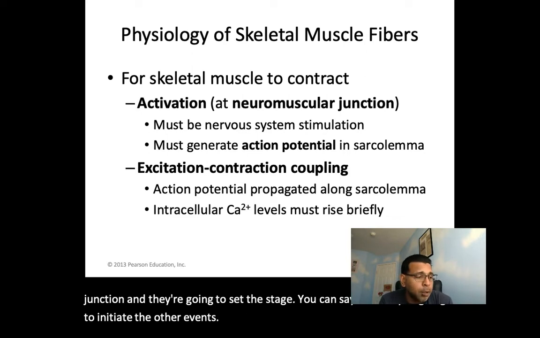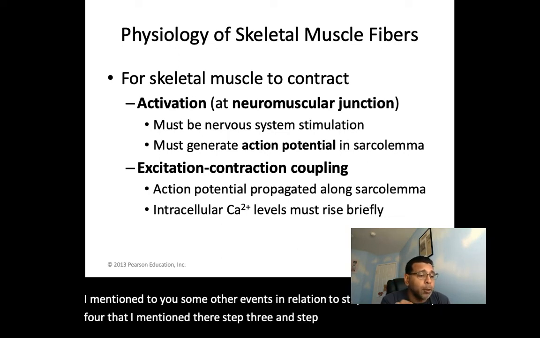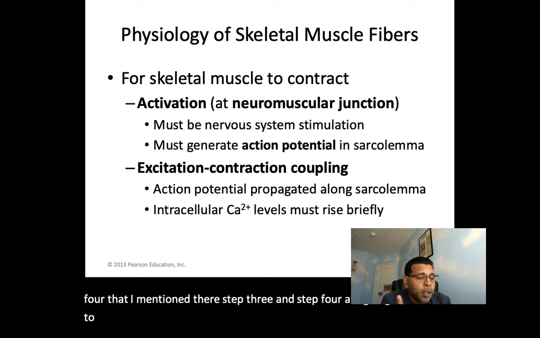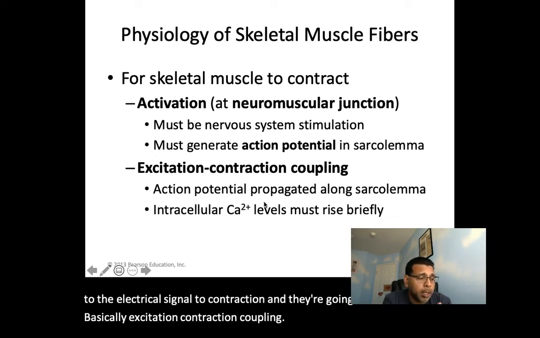I mentioned that step three and step four are going to be linked to the electrical signal to contraction, and they're basically called excitation-contraction coupling. So that's the second part we see here.